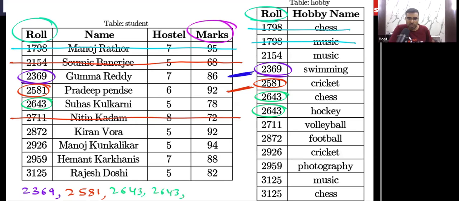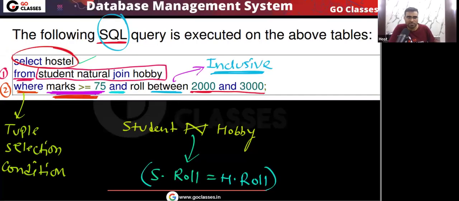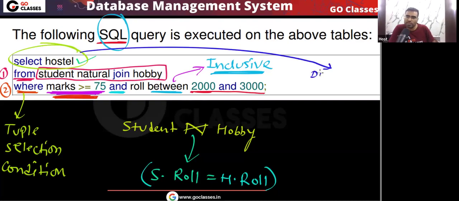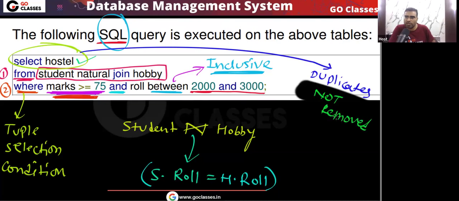There will be two tuples for 2643, because we don't have SELECT DISTINCT. So duplicates will not be removed. Do you agree? Duplicate tuples will not be removed.